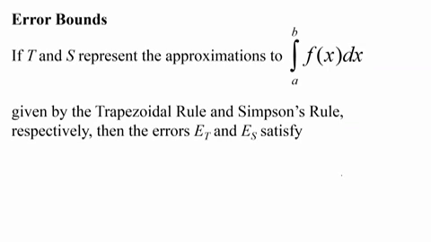If t and s represent the approximations to the definite integral from a to b of f of x dx given by the trapezoidal rule and Simpson's rule respectively, then the errors, meaning the difference between the true value and our estimate, we're going to call those errors E sub t for the trapezoidal rule and E sub s for Simpson's rule, satisfy the following.